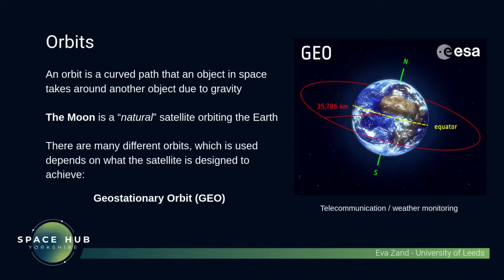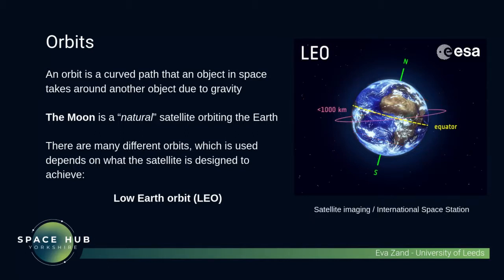If we look at the first one, that's the geostationary orbit, and this is, as the name says already, an orbit which is traveling at the same rate as the Earth, which means that it appears to be stationary to the Earth at a fixed point, and this is really useful for telecommunication or weather monitoring. And it's really far away from the Earth, about 35,000 kilometers away. We'll shortly see that that's way further away than other orbits are.